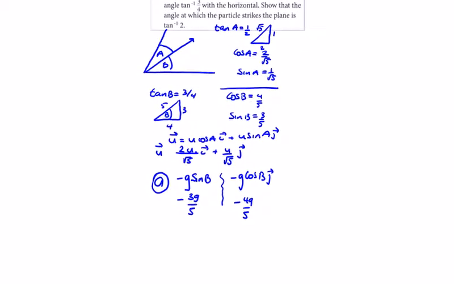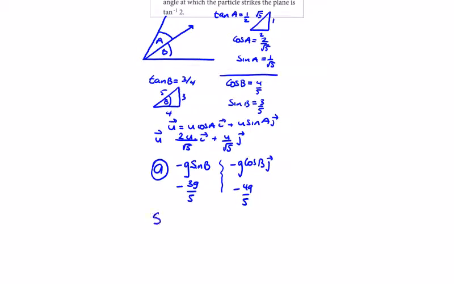We need the time taken. For the time of flight, s of y is equal to ut plus a half at squared. So it's going to be u over root 5 in the j direction times t, plus a half, but it's going to be negative 4g over 5 for acceleration, and the half is in there, a half a t squared.